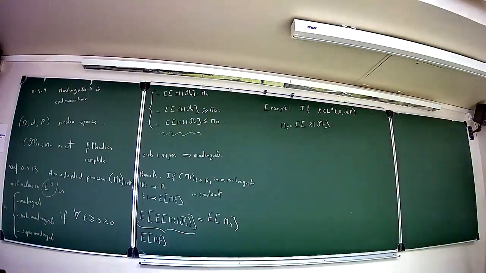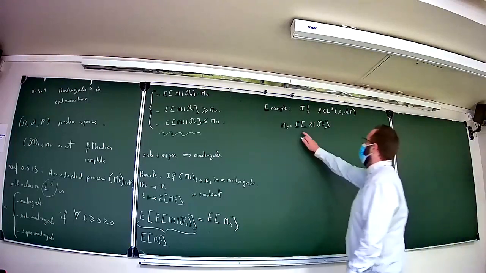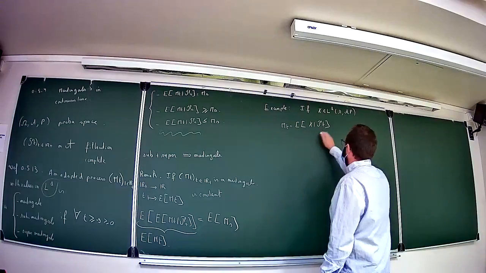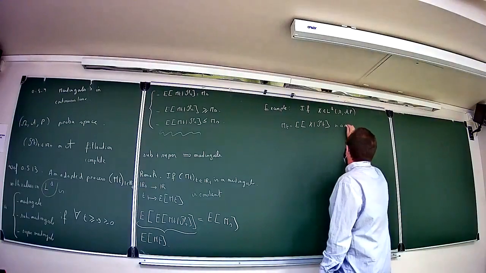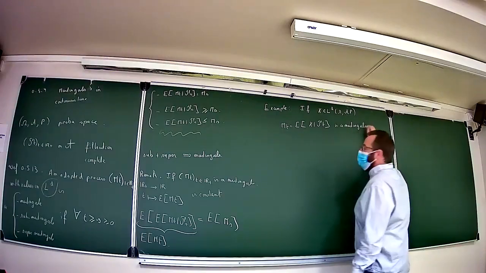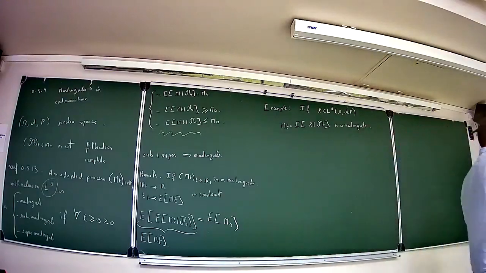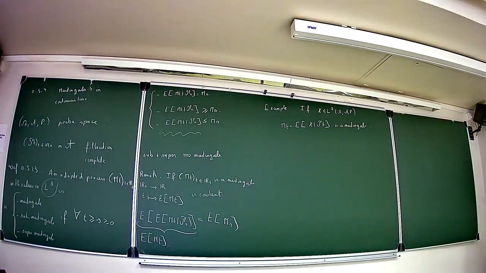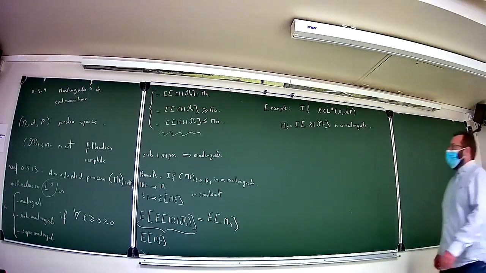And if you do this, this process is a martingale. How to do it? I just have to check that the definition is okay in this situation. So I have to prove this.